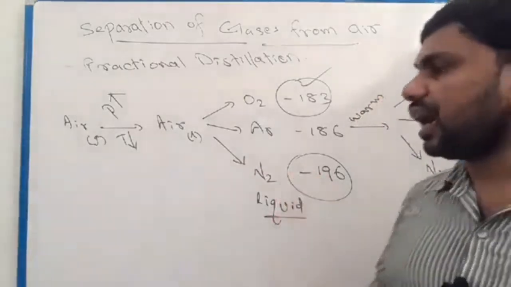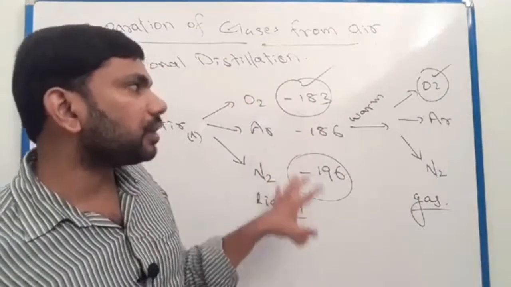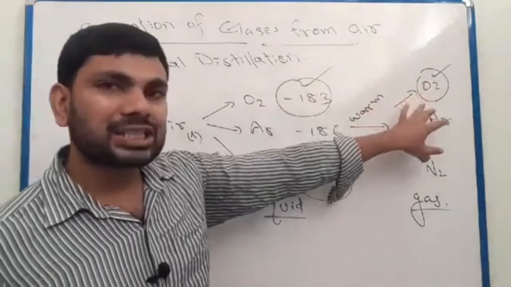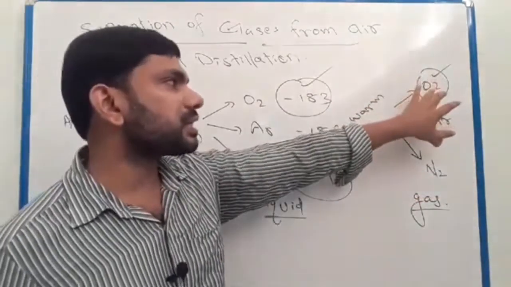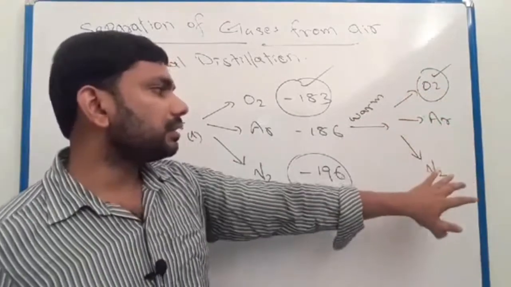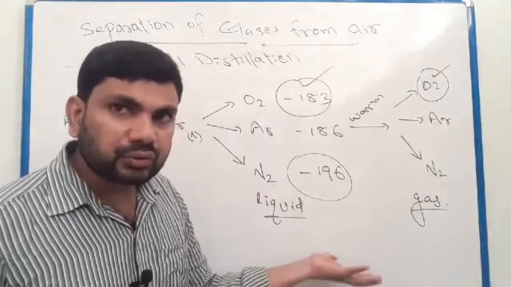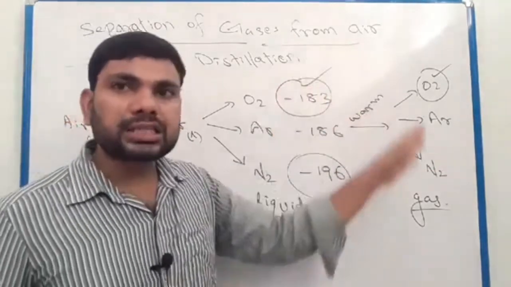After that we have to warm this mixture. After warming, oxygen will change to gaseous state first, then argon, then nitrogen, because nitrogen is at a very low temperature and we have to warm more to change it to gaseous state.